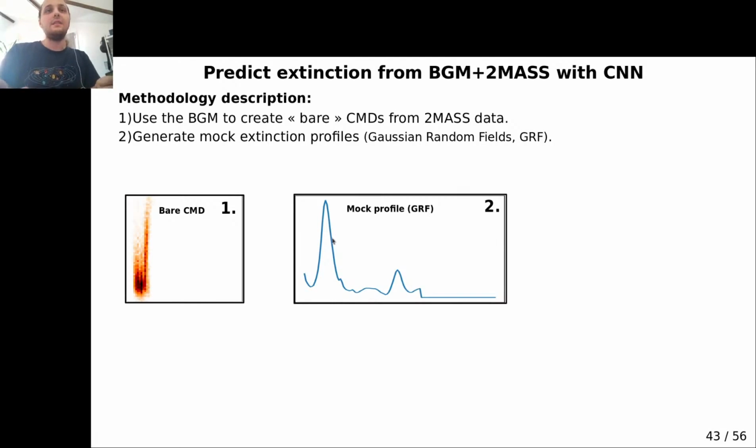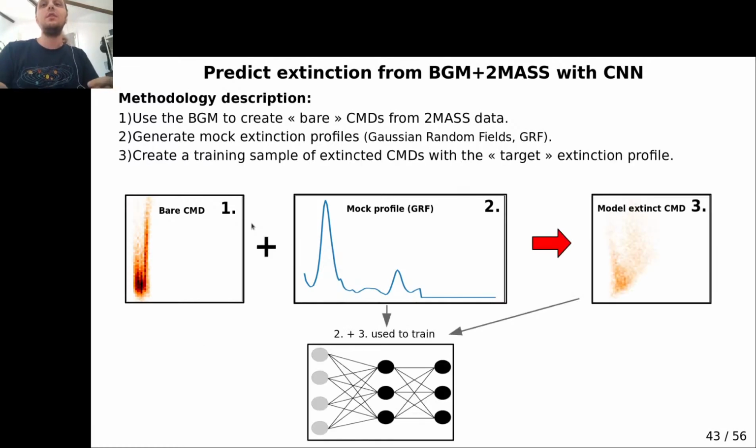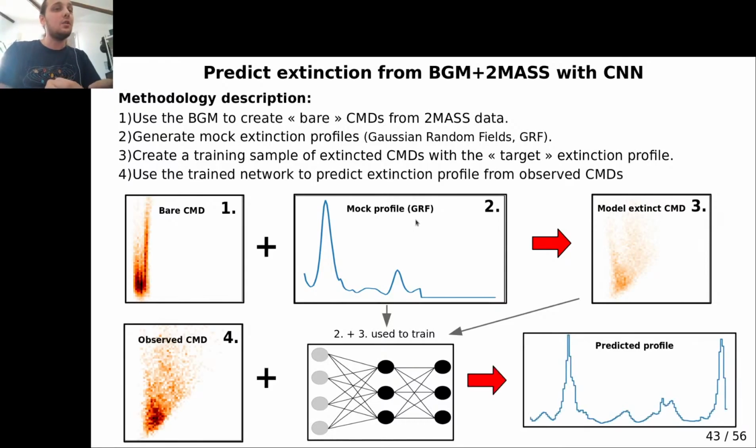This profile can be added to the star list given by the Besançon galaxy model in order to create a modeled extinct CMD. So we have an extinct CMD that can be used as input for our network, and we have the corresponding extinction profile that should be reconstructed by the network as its output. Then, once the network is trained using this modeled CMD, we can switch to using actual observed CMDs, and the network should be able to predict the actual extinction profiles that correspond to this input observed CMD.